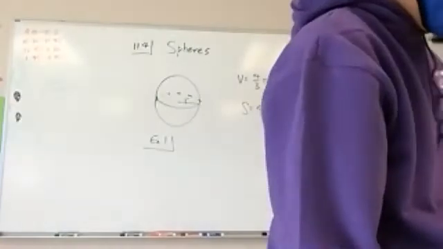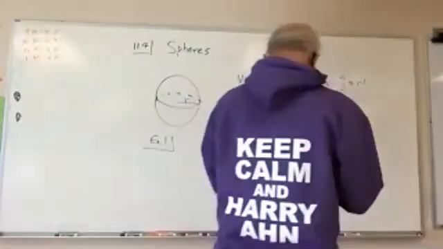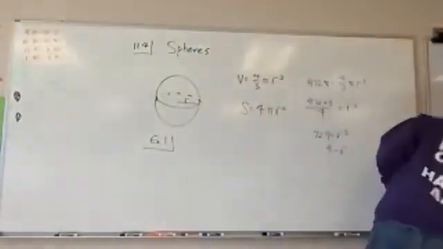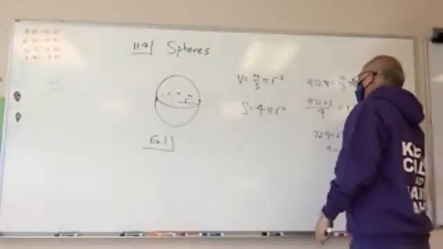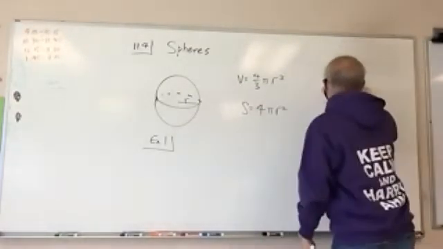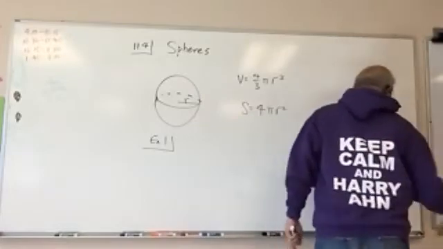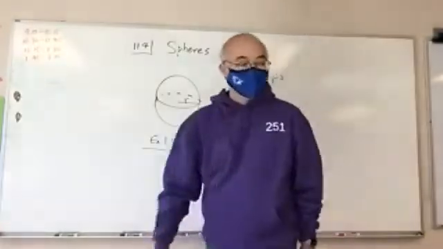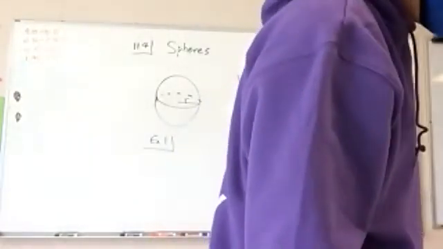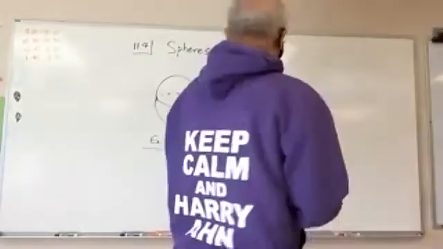C: the volume of a hemisphere. A hemisphere is nothing more than half of a sphere. You want the volume of half of the sphere if r is equal to 4.